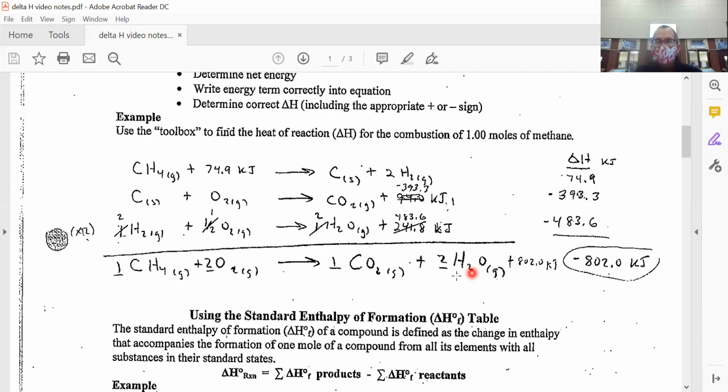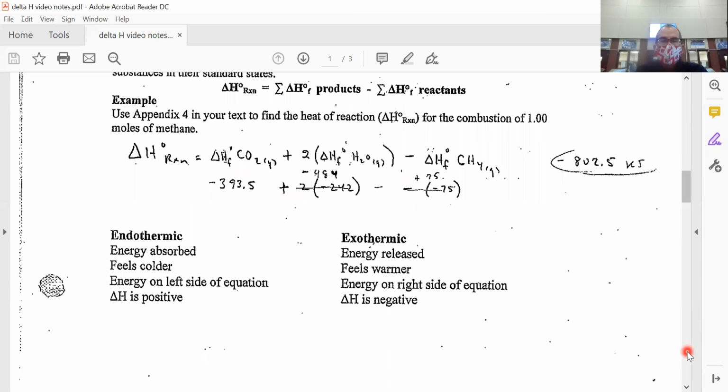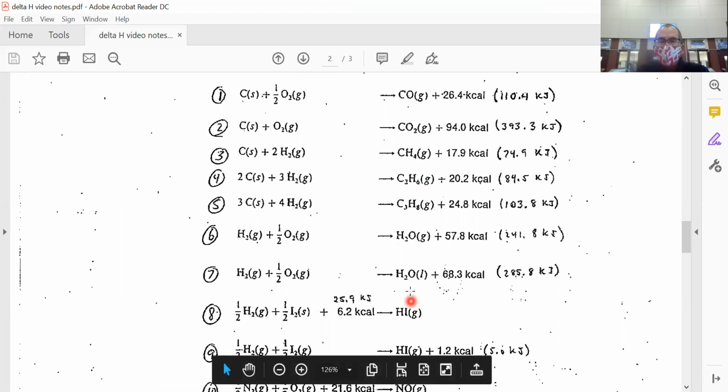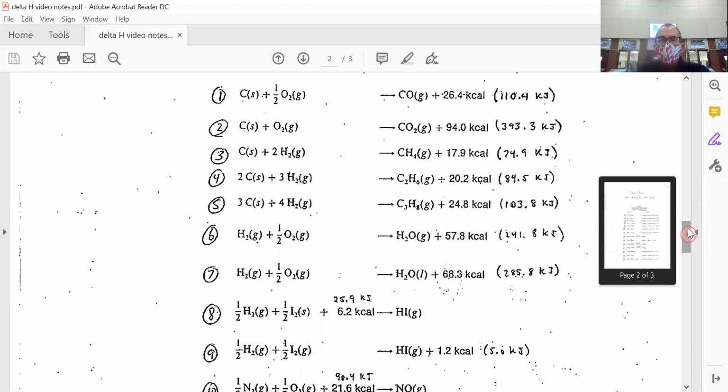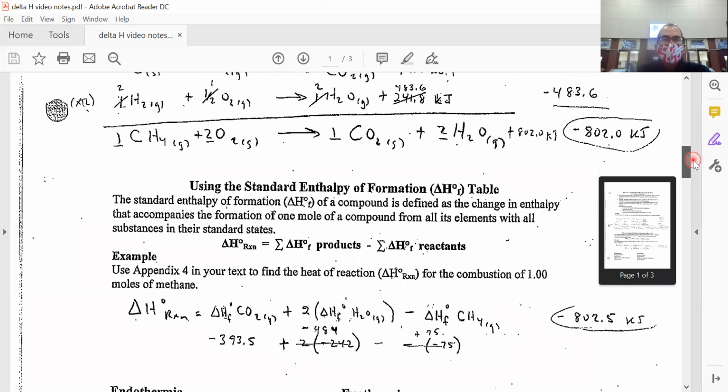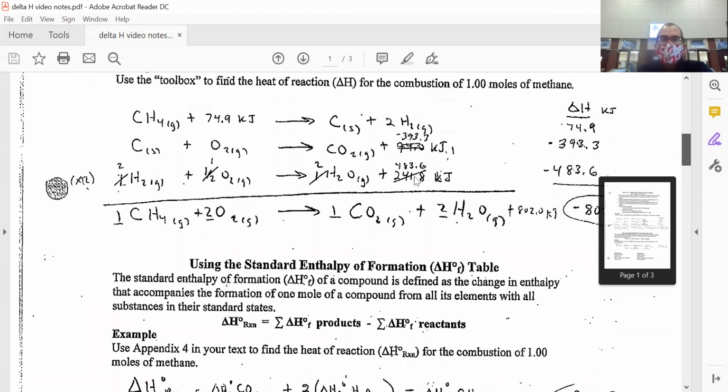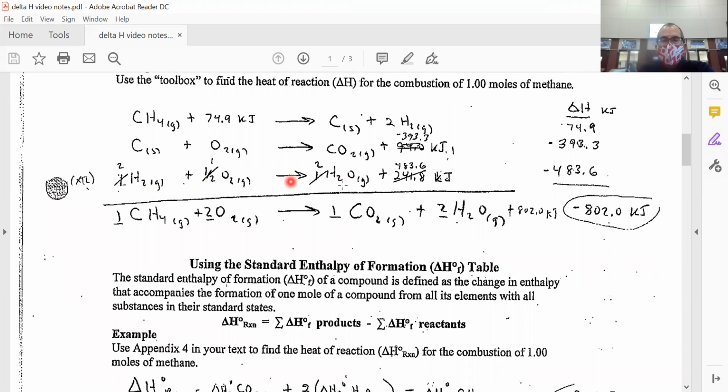Okay, let's look at the last one, the H2O gas. So notice I'm going to go to the toolbox, and it's important to distinguish H2O liquid or H2O gas. It says gas, so I'm going to use this one right here. H2O is a product, so I'm going to use this right here. I'm going to take that and put it in right here, except I doubled everything, and I doubled everything because I got 2 in this equation.